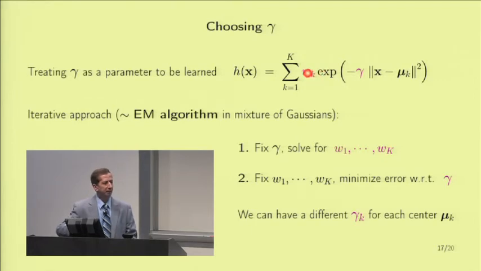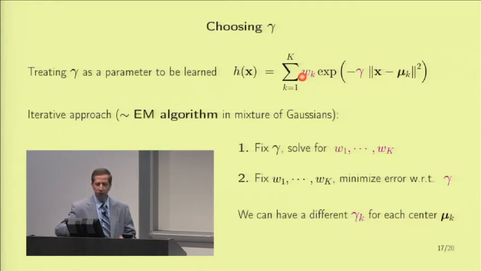If I didn't have that, I would have treated all the parameters on equal footing, and I would have just used a general nonlinear optimization like gradient descent in order to find all of them at once, iteratively until I converge to a local minimum with respect to all of them. Now that I realize that when gamma is fixed, there is a very simple way in one step to get to the W's, I would like to take advantage of that.